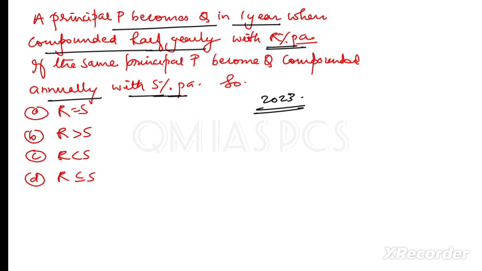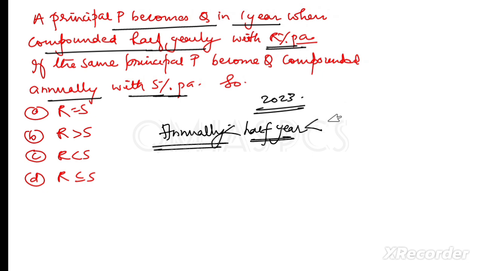Is it clear? One concept I have missed here, but we can discuss it here, because this question is from UPSC 2023, and that's fine. Whenever compounded annually is given, let's write this one, compounded annually, this amount will be lesser in value in comparison to half yearly, and this amount will be lesser if we compare with quarterly.